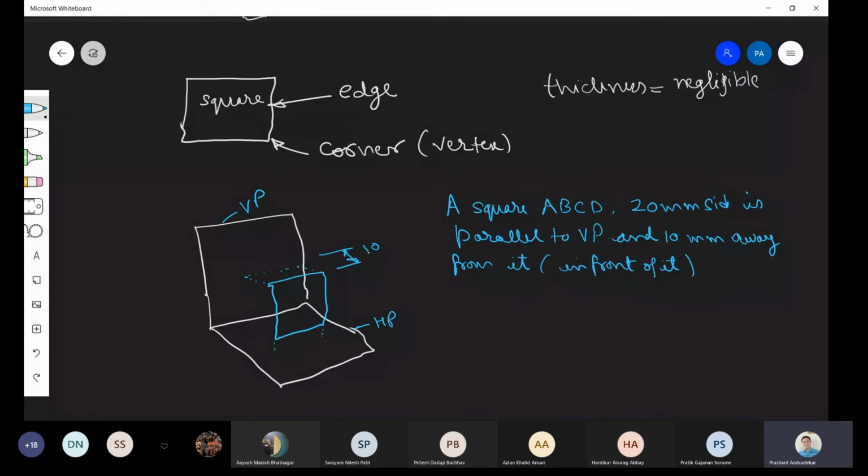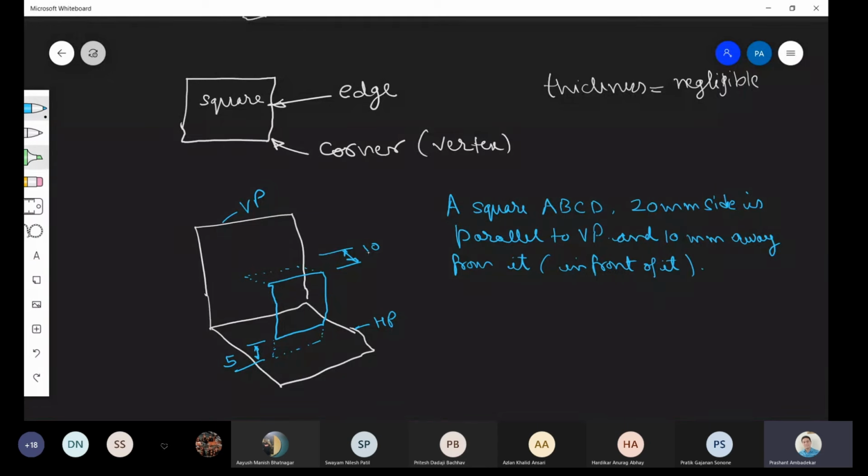Okay. And suppose this is at this distance from the HP. Suppose this is 5 mm. A square ABCD 20 mm side is parallel to VP and 10 mm away from it.